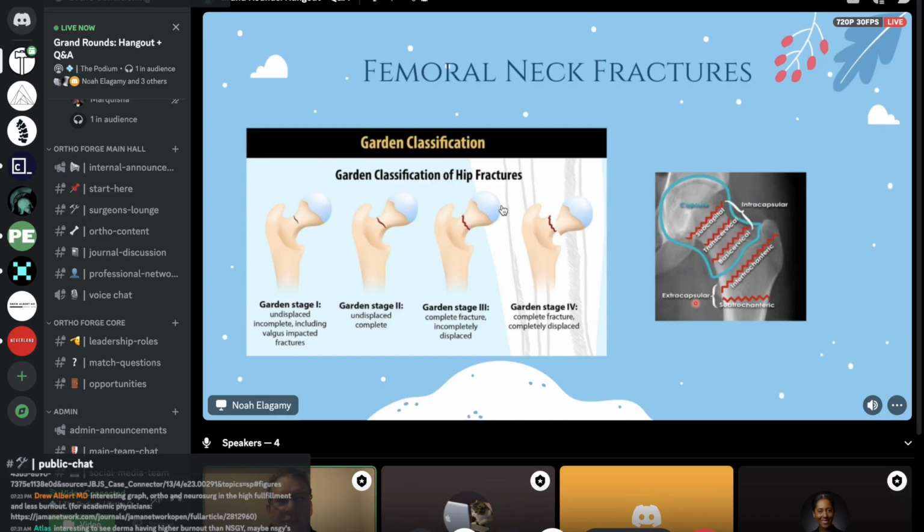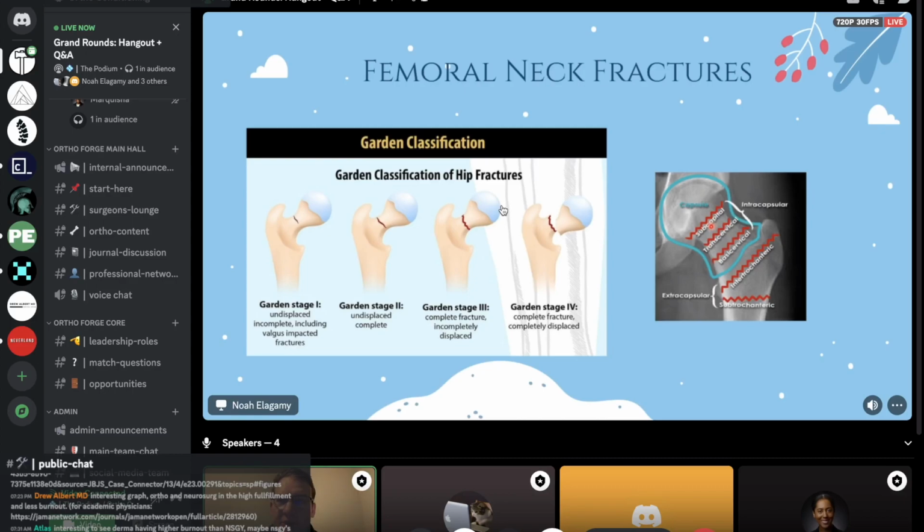Yeah, exactly. So intracapsular fractures are displaced femoral neck fractures that are either subcapital or transcervical. Technically, basicervical femoral necks are usually outside the capsule, but subcapital and transcervical are intracapsular.